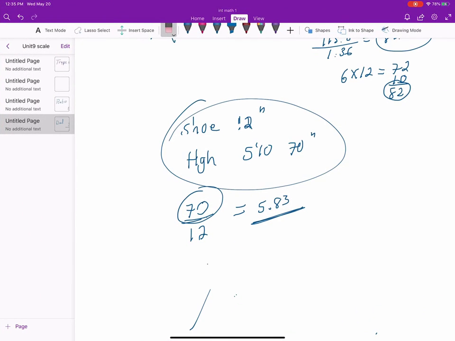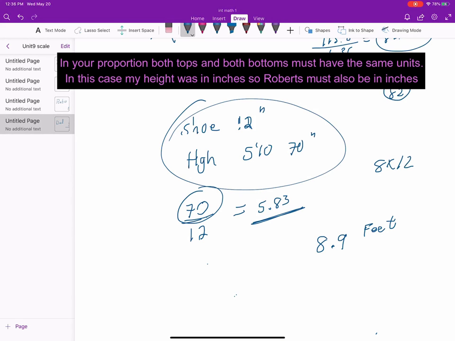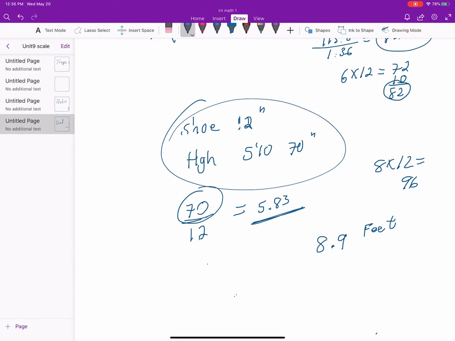So I had to go back and insert this part here. We got Robert, who was 8.9 feet, but the problem is that we have to convert that because my height was in inches. So we're going to take 8 times 12, first of all. That's going to convert that to inches.